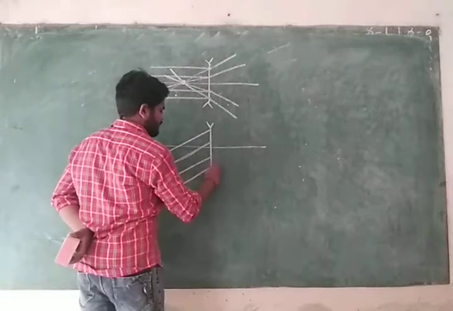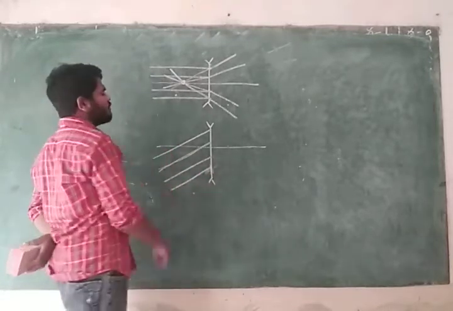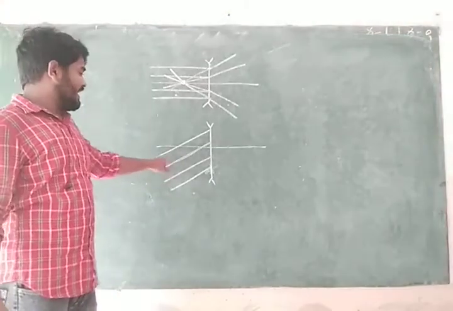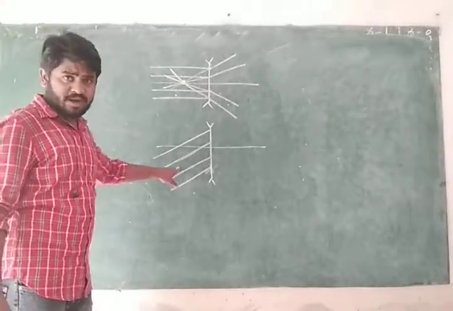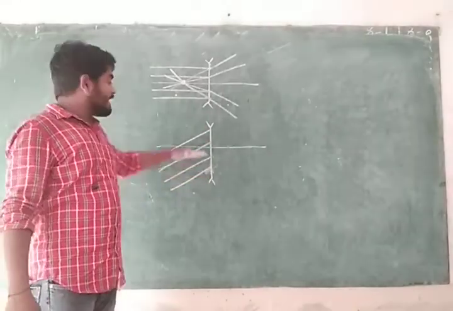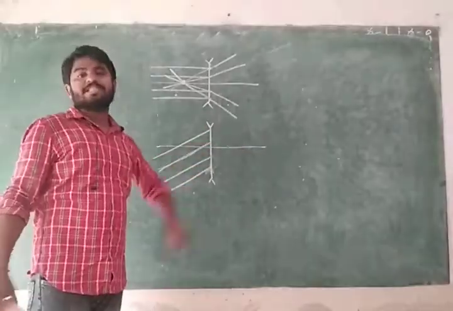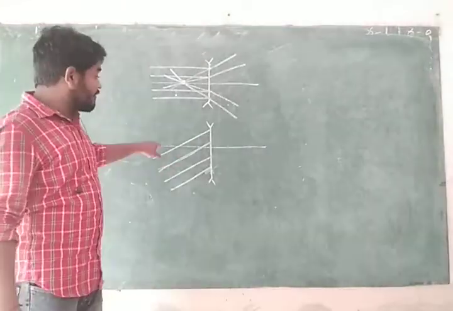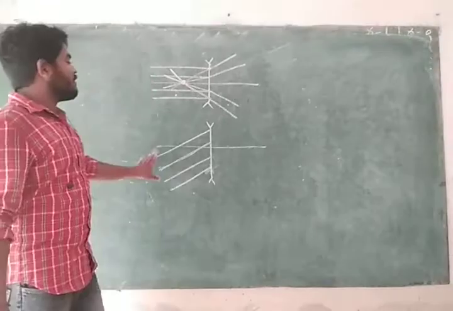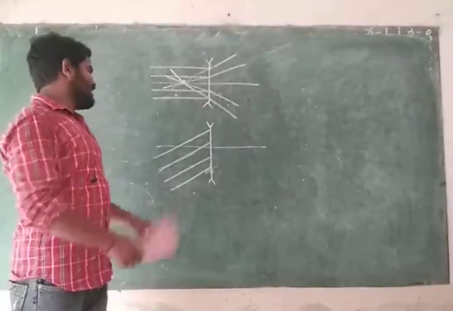Clear? Parallel beam of light. This is a parallel beam of light because the light rays are parallel to each other, but they are incident on the lens making a certain angle with the principal axis. They are not parallel to the principal axis, but this is a parallel beam of light, right? So this parallel beam of light is incident on the lens.